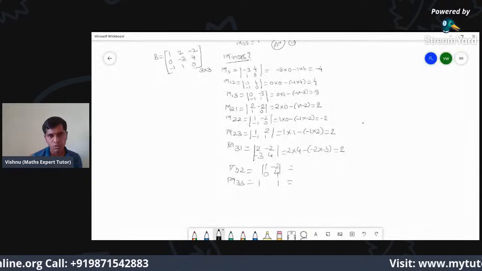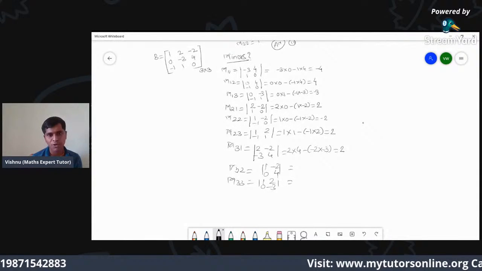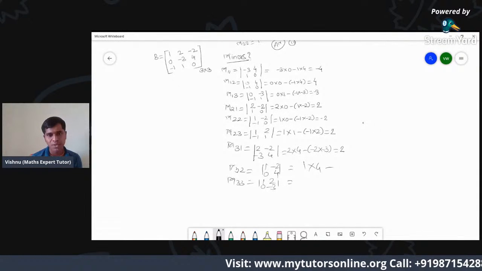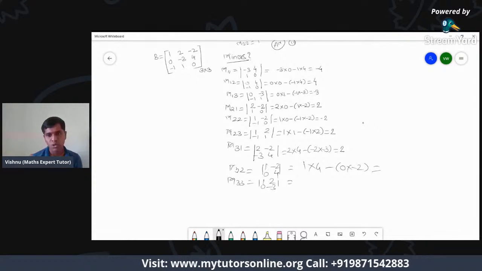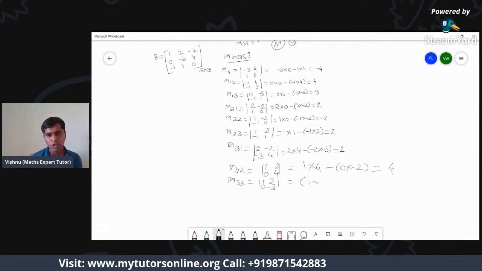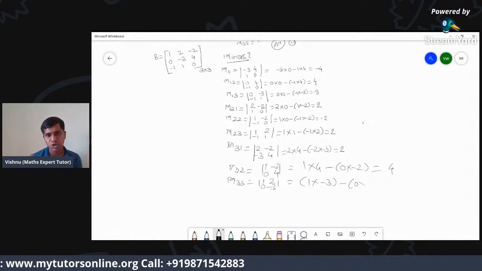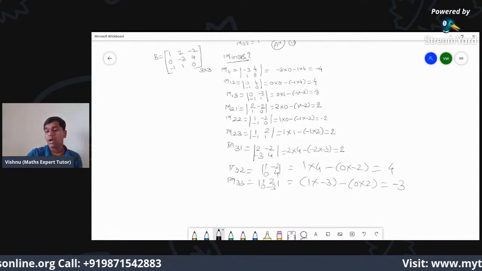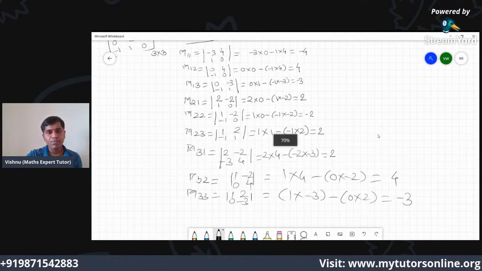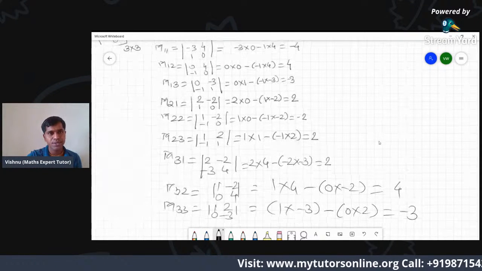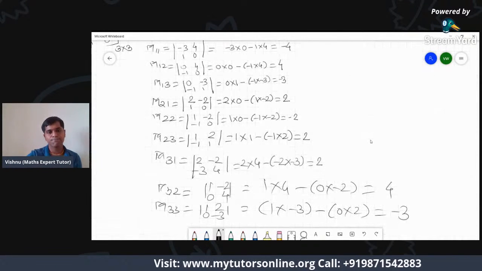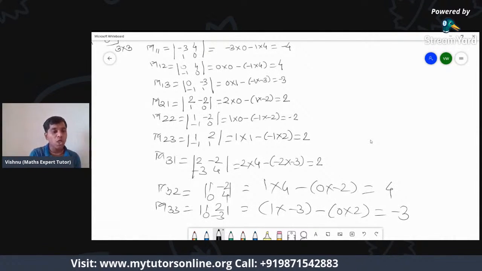Third row, third column: 1 0 2 minus 3. So 1 into 4 minus 0 into minus 2. It is going to be 4. 1 into minus 3 minus 0 into 2. So again it is going to be minus 3. We got all the minors.